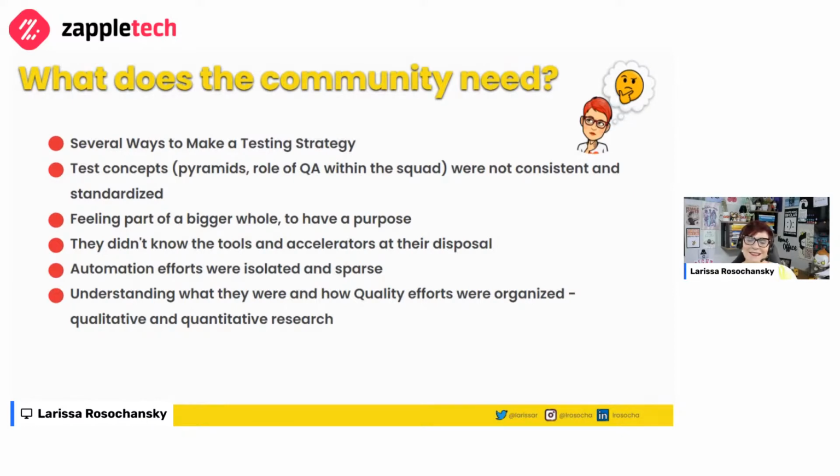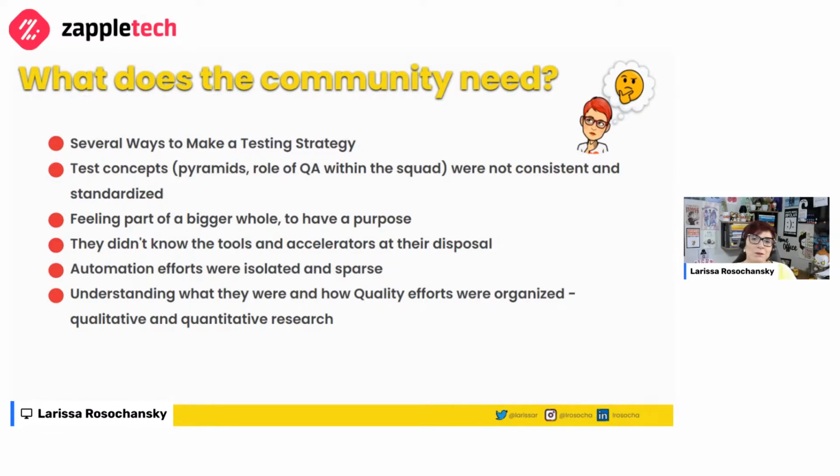And when I joined the team, I always loved quality a lot. What I started to see is that we had several ways of doing the testing strategy. I started to talk to one QA, then another QA, then the scrum master, the squad leader, a senior manager, and I understood that we didn't have a standardized way to make a testing strategy and define the test concepts.